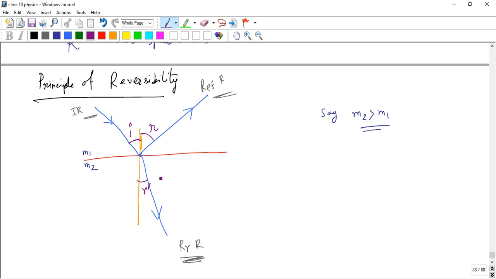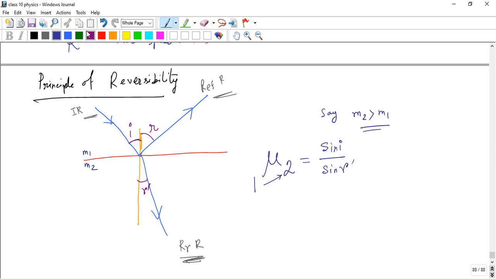From Snell's law we know that mu 1 to 2, light traveling from medium 1 to medium 2, from rarer medium to denser medium, is sin I by sin R dash, the refracted angle.